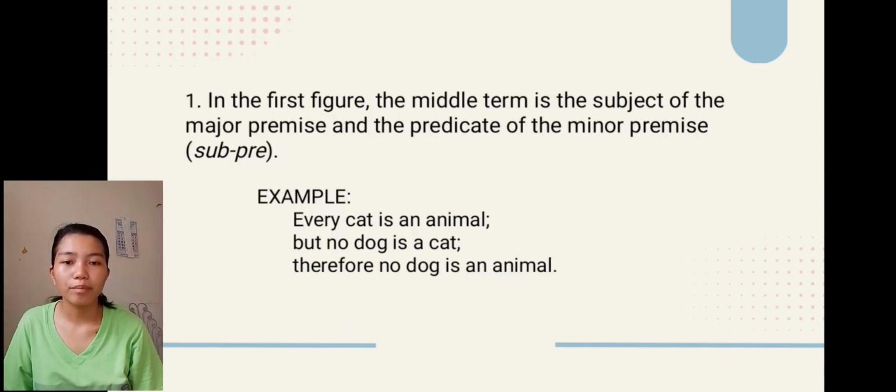And in the example, as we follow the rules of the first figure, the minor premise must be affirmative. No dog is a cat is a universal negative, so it is an illicit major.